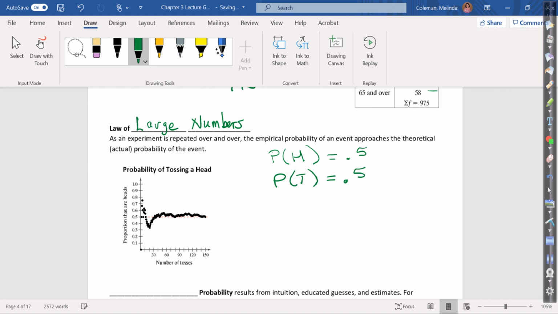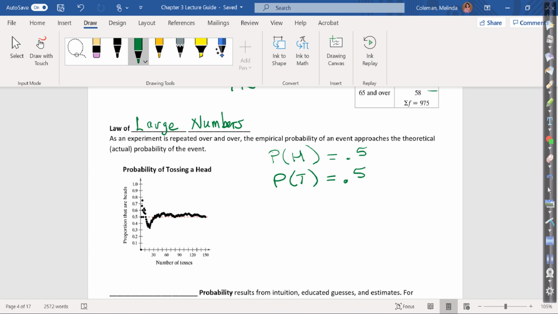But if I gave everybody a coin and told you to flip it 10 times, the chances that you got exactly 5 heads and exactly 5 tails would not happen very often. You can try it on your own, but the chance that it happens exactly 50-50 is very slim.